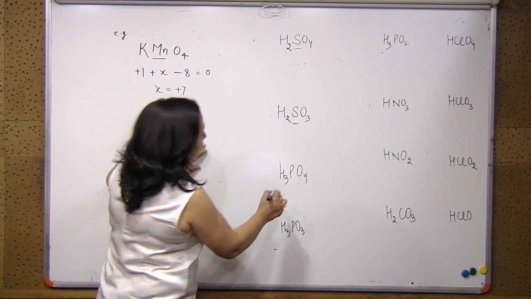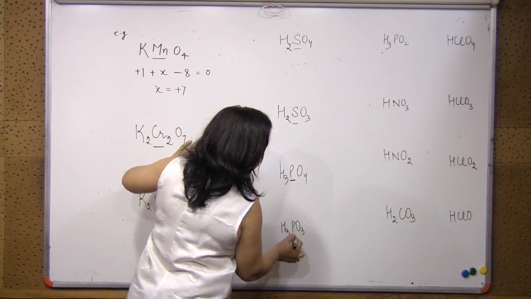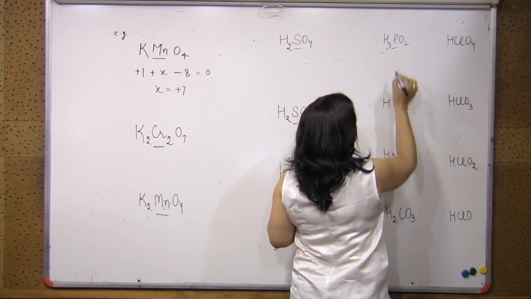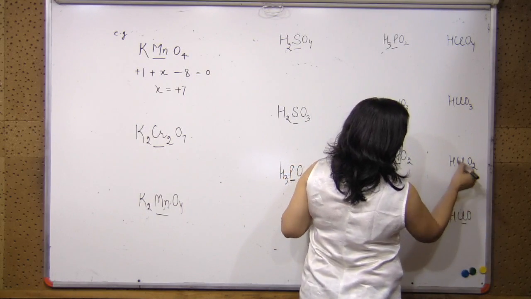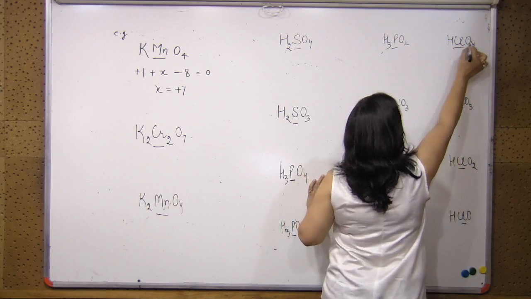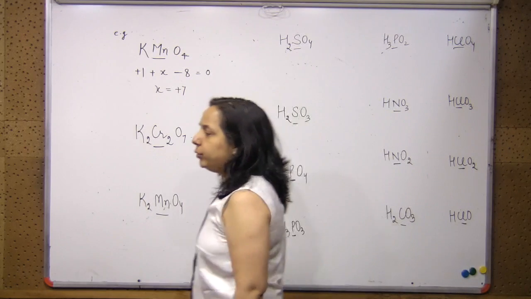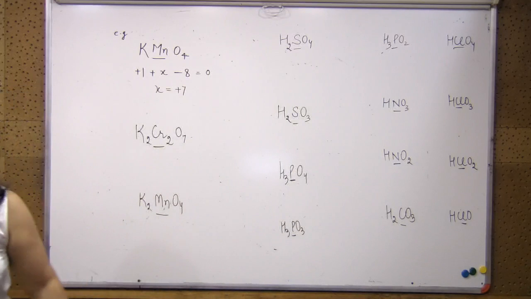Now we'll calculate the oxidation number of these underlined species.